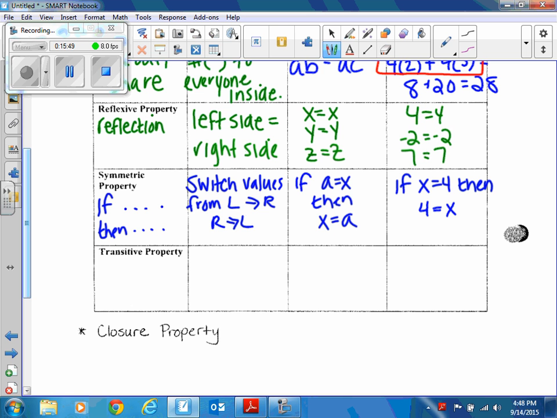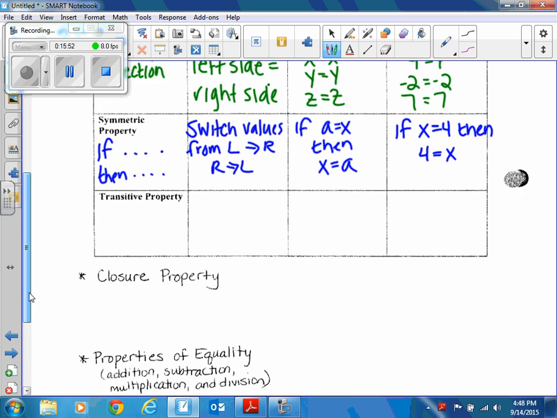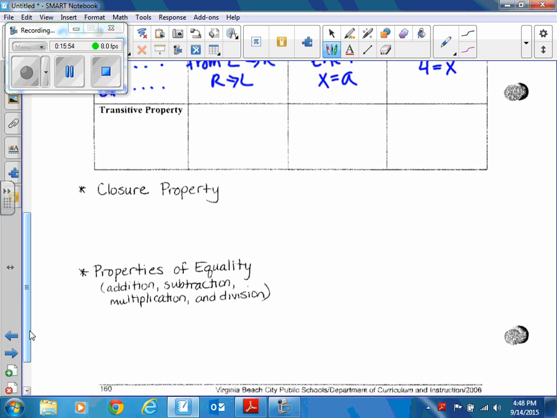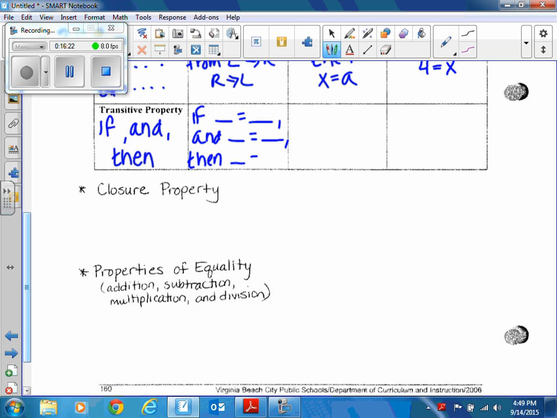Okay? So the last one, the transitive property. Well, the last one, we're going to talk briefly about the closure property and properties of equality. The transitive property is going to be, you're always going to see if, and then. So it's going to say, if something and something else equals something, then blank equals blank.